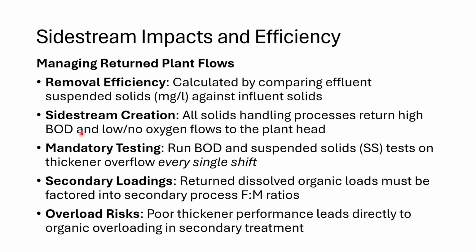And that water portion of what's coming out of the thickener or the digester, that's going to have a high BOD level, okay? And it's going to have a low oxygen level. So if our thickener isn't working well and we are sending more side stream, that water, back to the headworks or back to the beginning of our process, we're going to overload the secondary treatment.